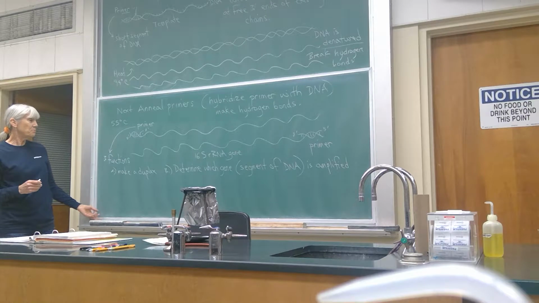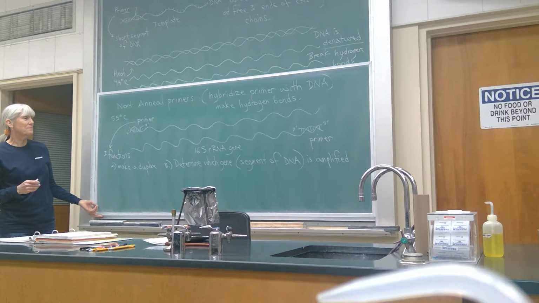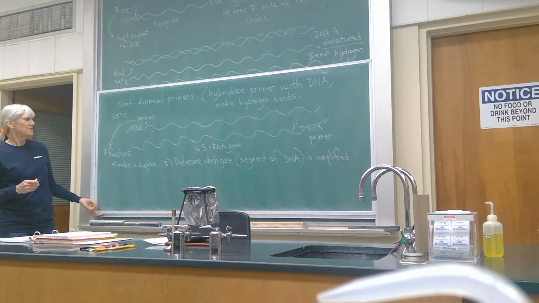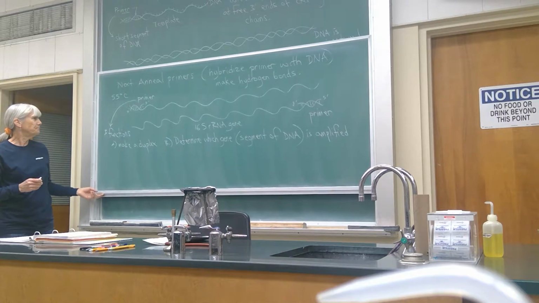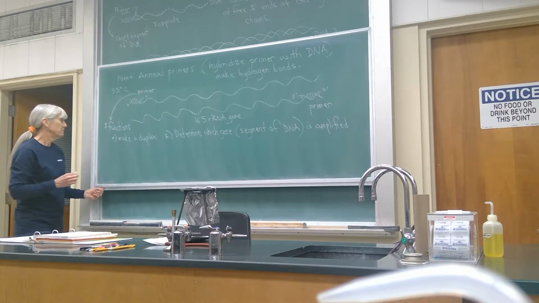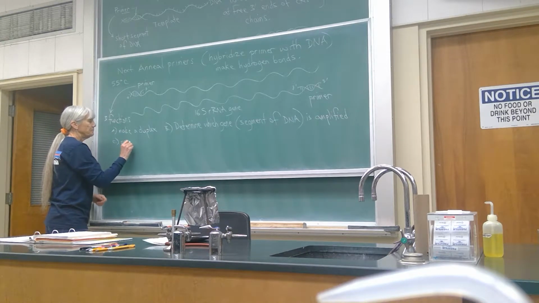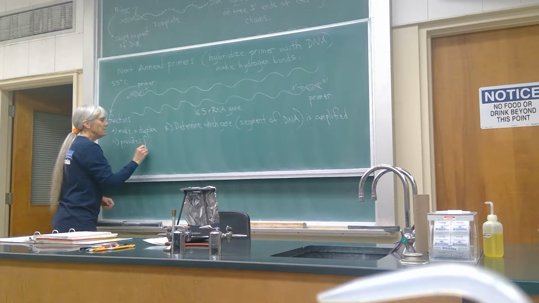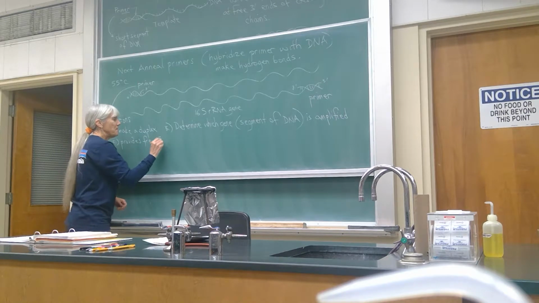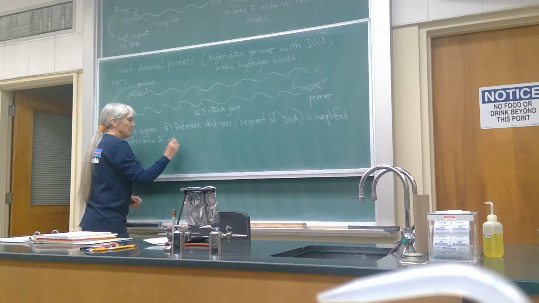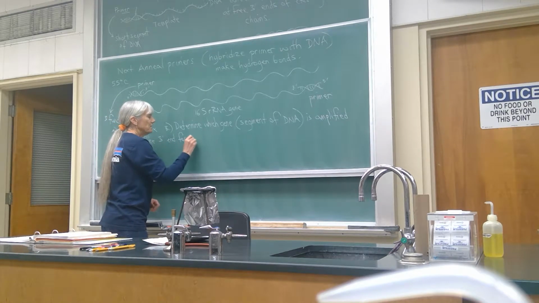So the primer makes a duplex and determines which gene, which segment of DNA, is amplified. It also determines the temperature, but it provides that 3' end for building on.